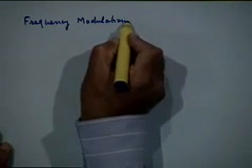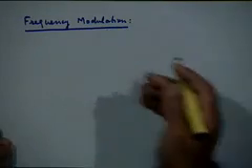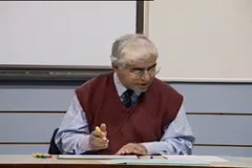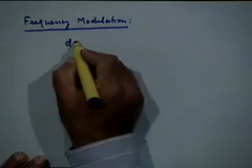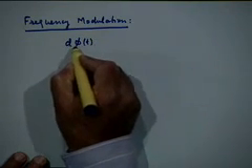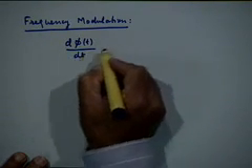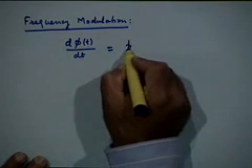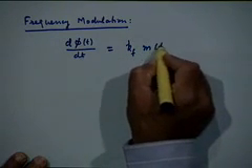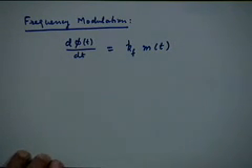Actually, since these two modulations are so similar to each other, we usually study them together rather than separately, and wherever there is a comparison, we discuss that comparison, right. Otherwise, many properties of the phase and frequency modulated signals are very similar to each other, right. So in this case, d phi by dt is made proportional to the message signal, and I am calling the proportionality constant k sub f, right.